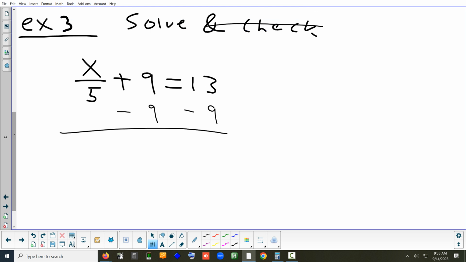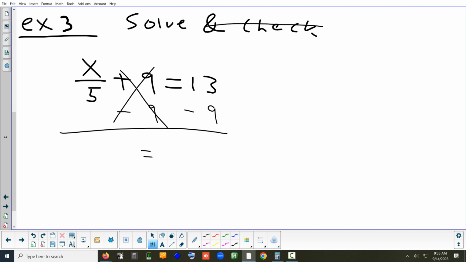Now, positive 9, negative 9, those cancel out because you get 0. Right? When things cancel out with addition, it's because you get 0. When they cancel out from multiplication, it's because you got 1. Okay, so positive 9 minus 9 is 0.